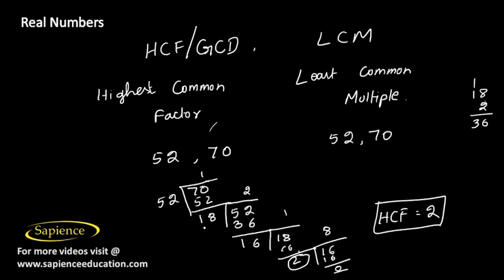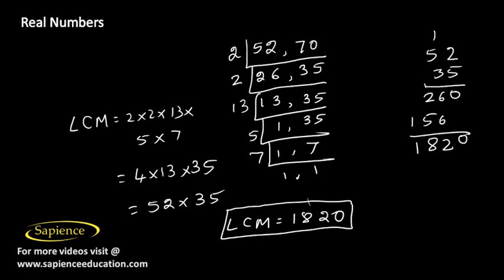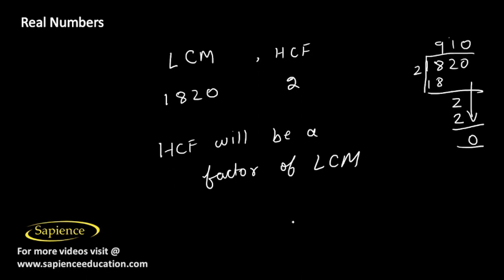If we keep on repeating that process, the last divisor which we used to get a remainder 0 will be the HCF of both numbers. And for LCM, first we factorize with common numbers, then we factorize them individually, and the product of all the factors will be the LCM.